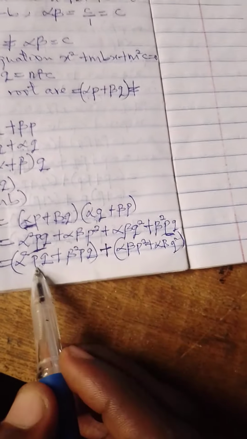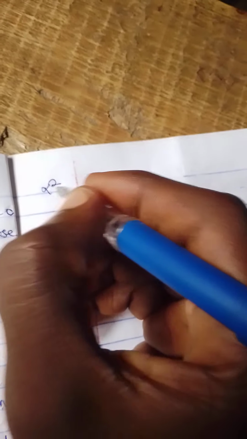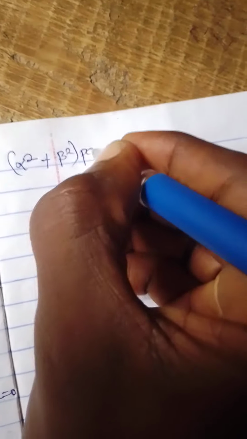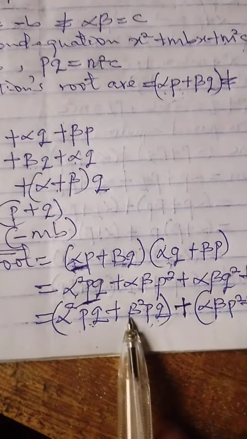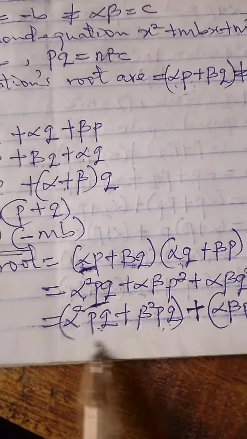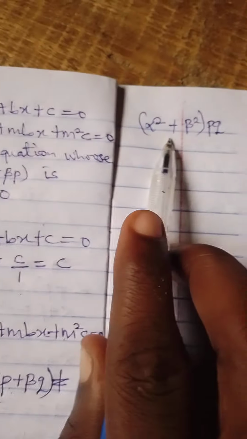You can factor out pq. Then you have alpha square plus beta square in the bracket, times pq. Because pq is common to both, factor it out.